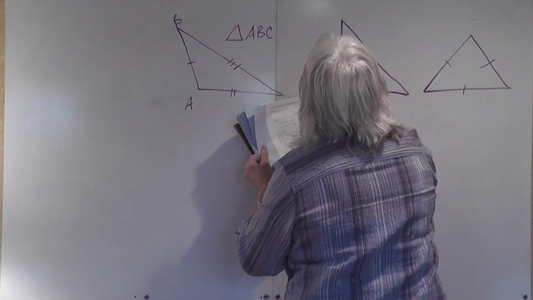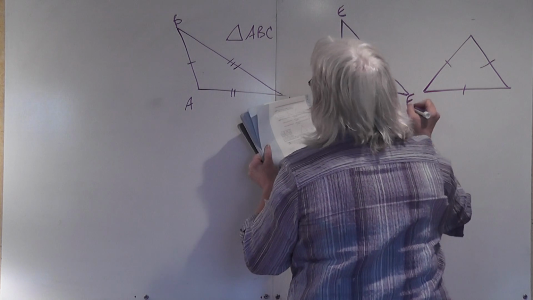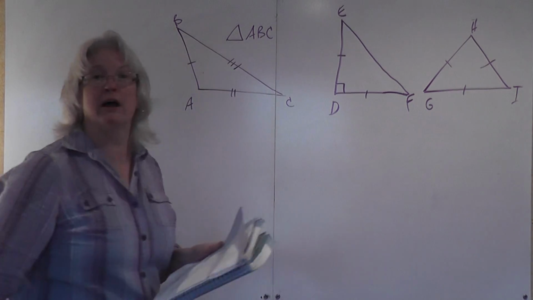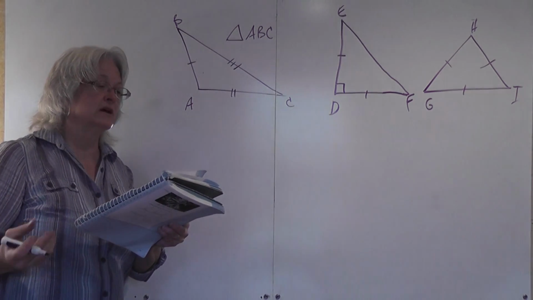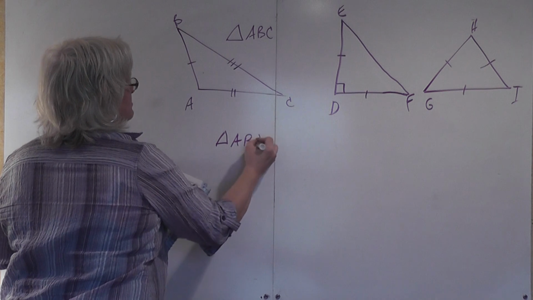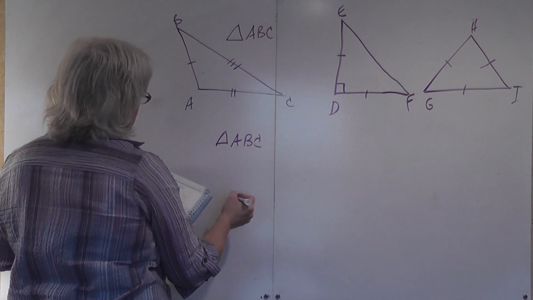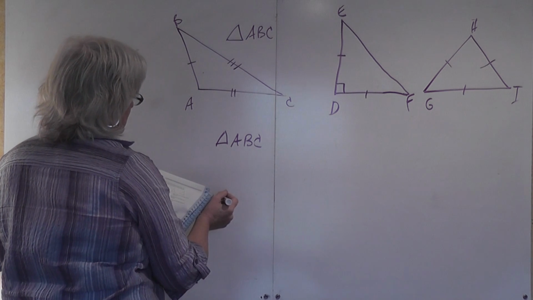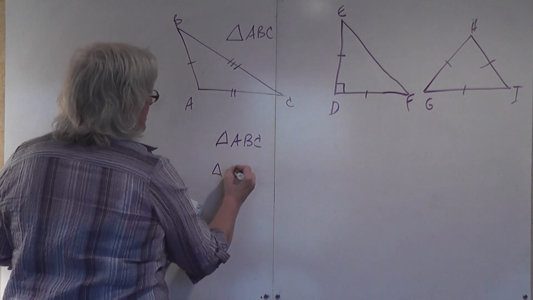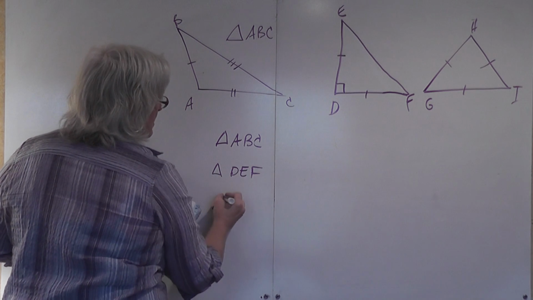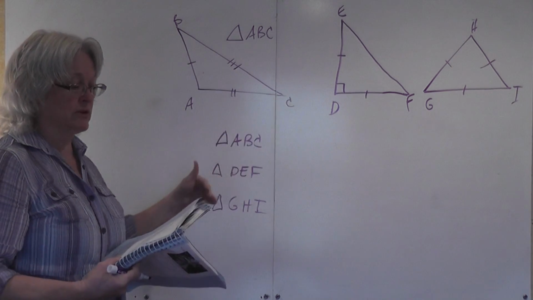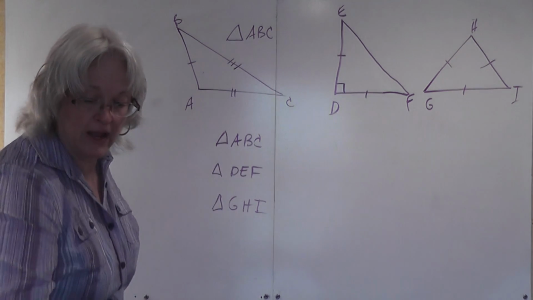We have D, E, F, and we have G, H, I. So we have three triangles that are sketched here, and our instructions tell us to classify triangle ABC, triangle DEF, it makes sense to do alphabetical, doesn't it, and triangle GHI according to the length of their sides and the measures of their angles.